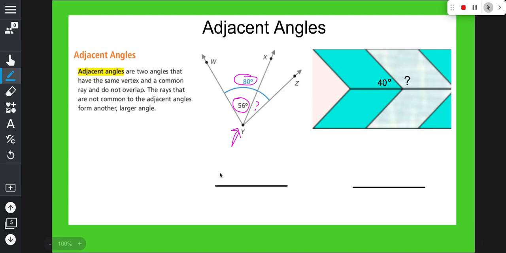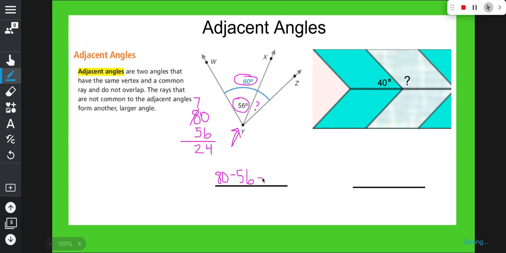So we can do the math of 80 minus 56. And if we do our actual subtraction for that, we're going to line it up vertically. We're going to show good work. We cannot do 0 minus 6, so we need to borrow. 10 minus 6 is 4. 7 minus 5 is 2.